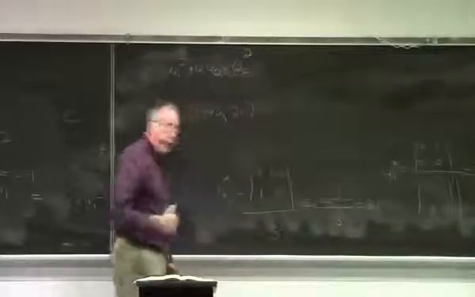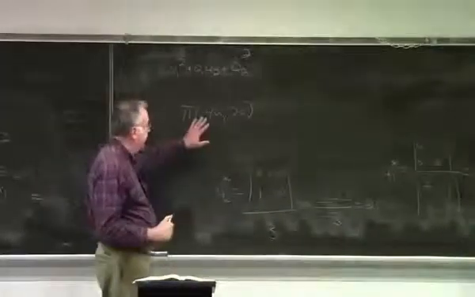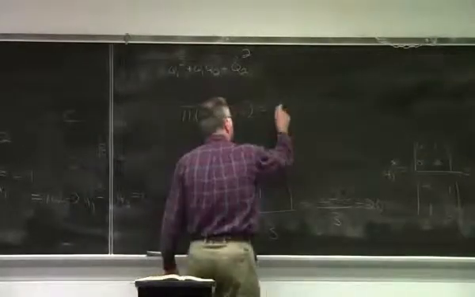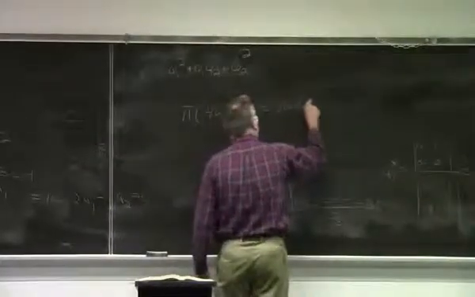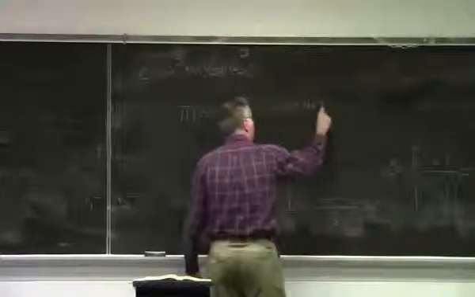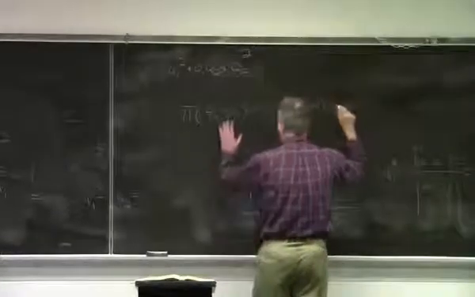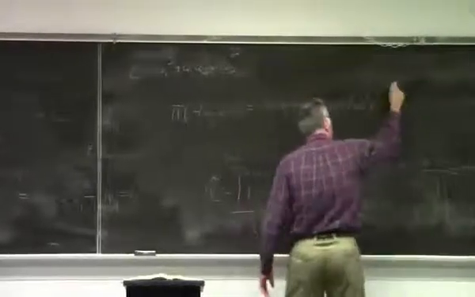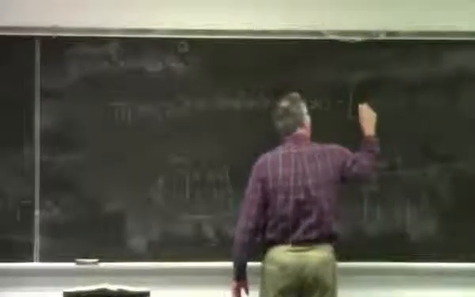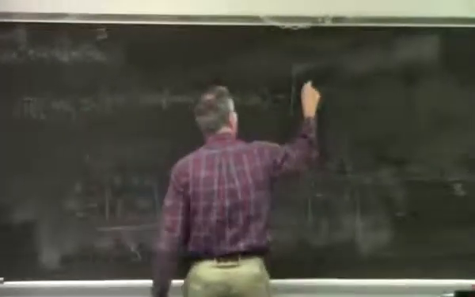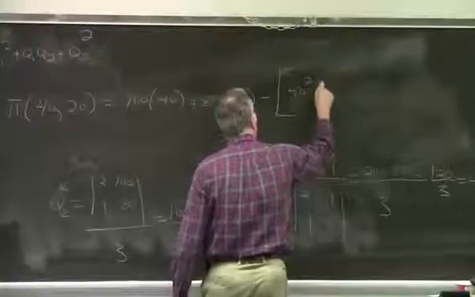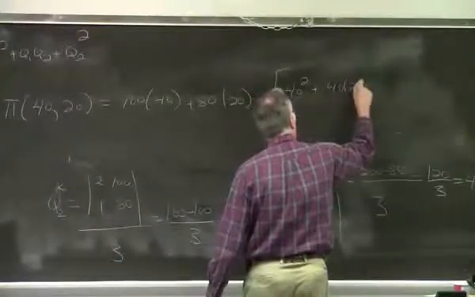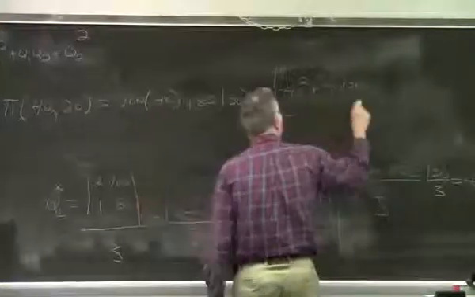So if you just go back to the profit function, plug in these values of Q1 and Q2, you get the maximum profit. Let's just do that. Remember our revenue function was 100 Q1, substitute in 40, plus 80 times Q2, which was 20, minus our cost, which was Q1 squared, 40 squared, plus Q1 Q2, 40 times 20, plus Q2 squared.